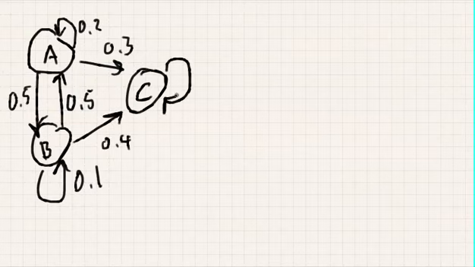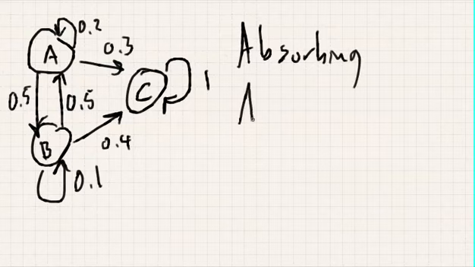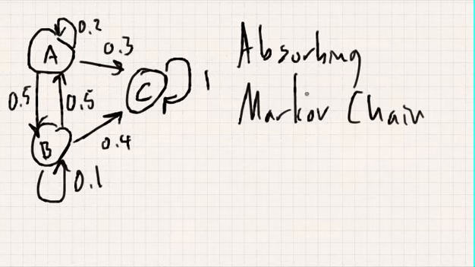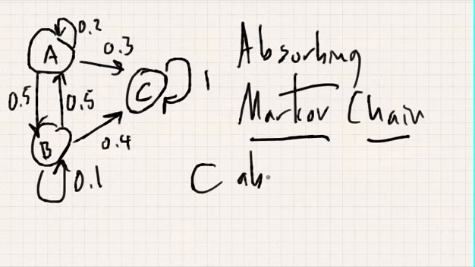Let's suppose that from C you can only get back to C. This would be something called an absorbing Markov chain, because there is one state, C, that absorbs everybody: once you get to C, you never leave it.